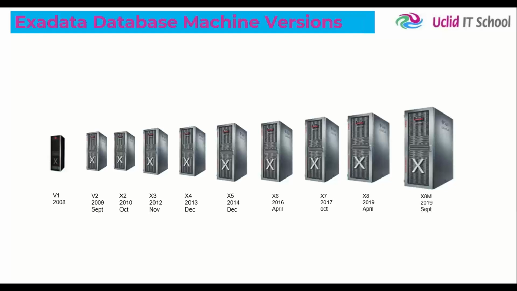RDMA over Converged Ethernet, RoCE, pronounced as Rocky. Rocky stands for RDMA over Converged Ethernet. So the Ethernet network supporting RDMA capability. So once Ethernet supported RDMA capability, Oracle replaced InfiniBand with Ethernet.